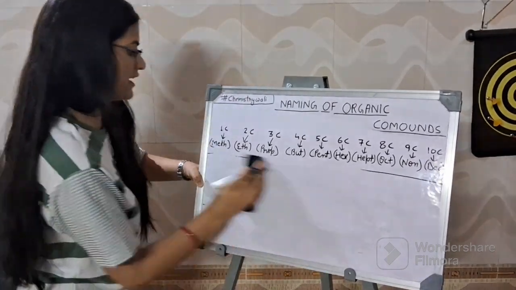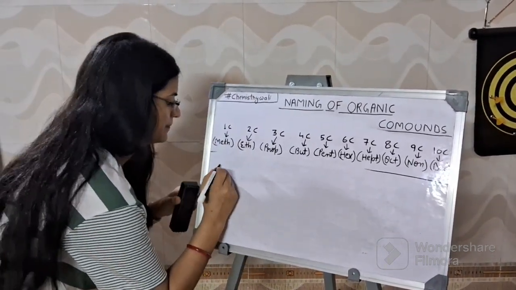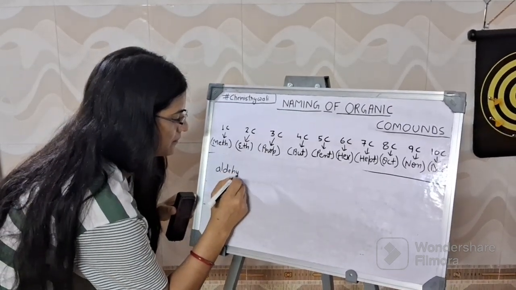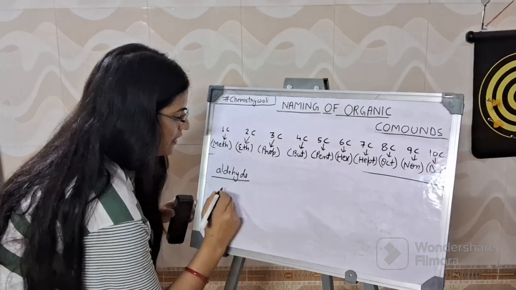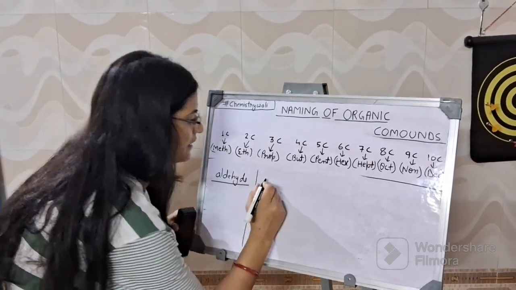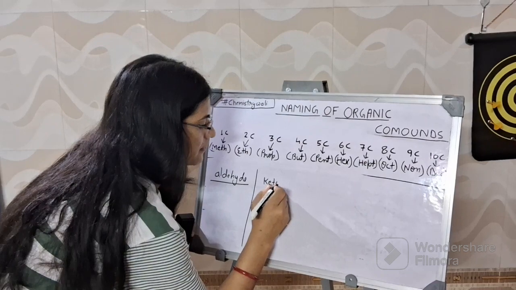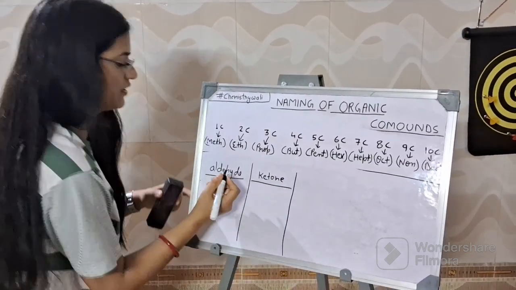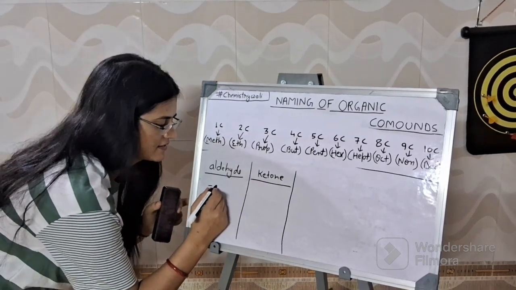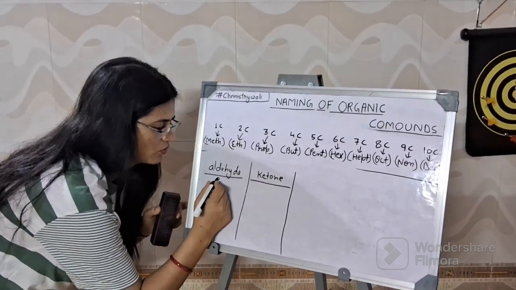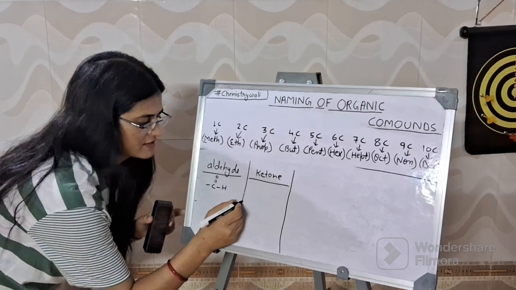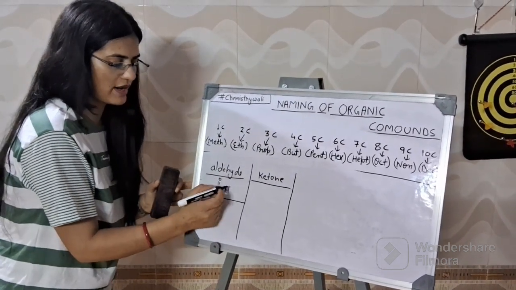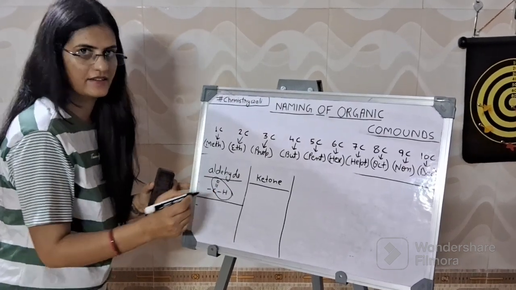Okay. Now next is aldehyde and ketone. The functional group of aldehyde is CHO. In any compound, if you notice CHO, it means this is an aldehyde.